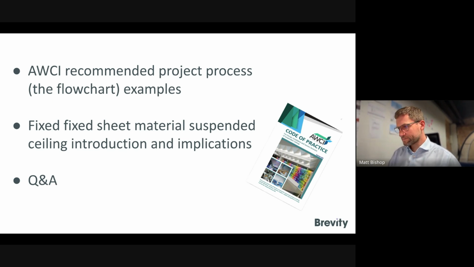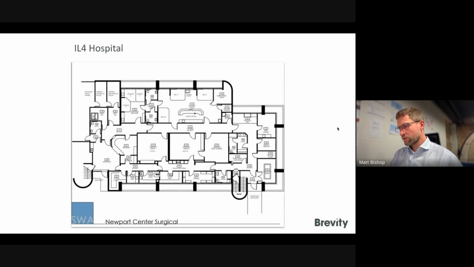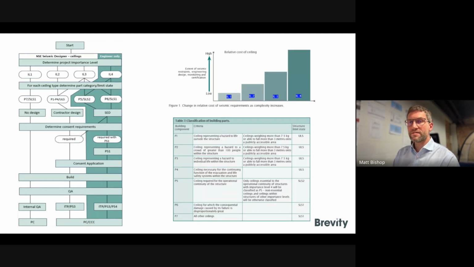All right, kicking off into some workflow examples, and I've got two for you. I've got an IL4 hospital and an IL2 apartment block. And this is the new flowchart that we've introduced on the left here in the new Code of Practice.